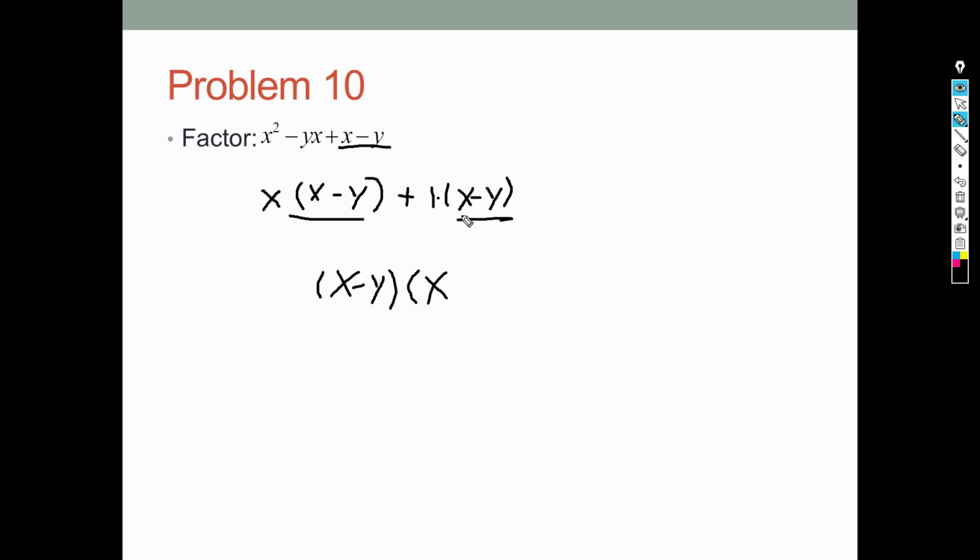And over here, taking out this x minus y leaves me with a plus 1. So this polynomial with 4 terms factors into x minus y and x plus 1. Okay, thanks for watching. We'll see you next time.